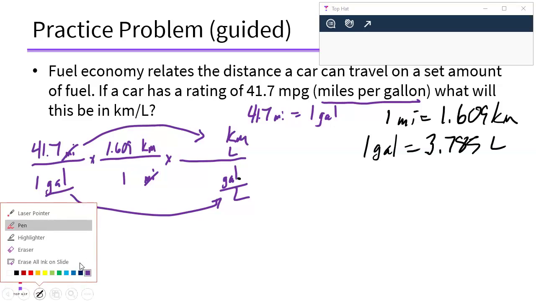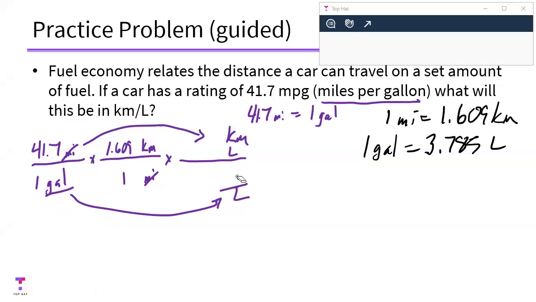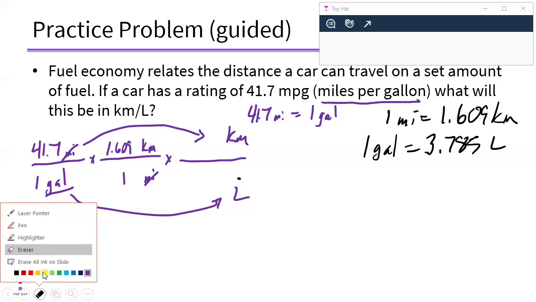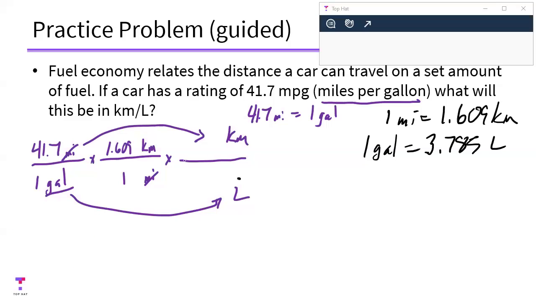And it's certainly not the unit that we were asked for. So make sure that you pay some extra attention to that idea as you're doing these kinds of calculations. My gallons need to be in the numerator, my liters in the denominator so that the gallons cancel. 1 gallon is 3.785 liters. Everything has canceled other than the kilometers and the liters.